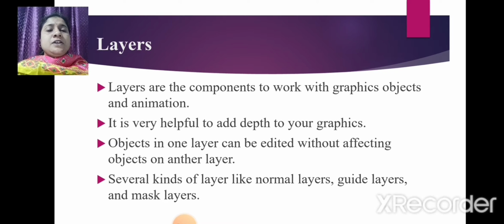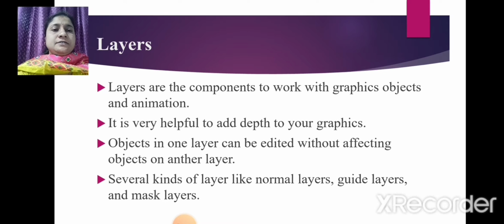If you edit any object of one layer, it will not affect any other layers. There are several kinds of layers like normal layer, guide layer and mask layer. By default it is always a normal layer in the timeline, which means all the objects on the layer appear in the movie. So these are the layers. Got it?